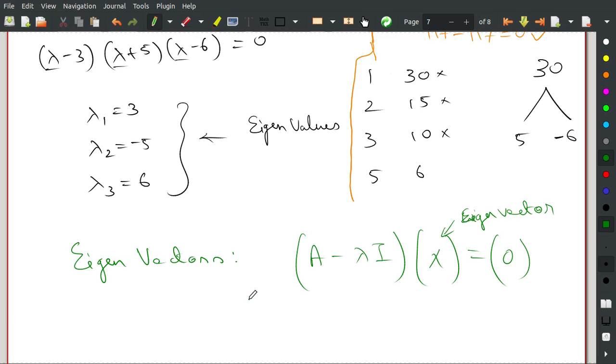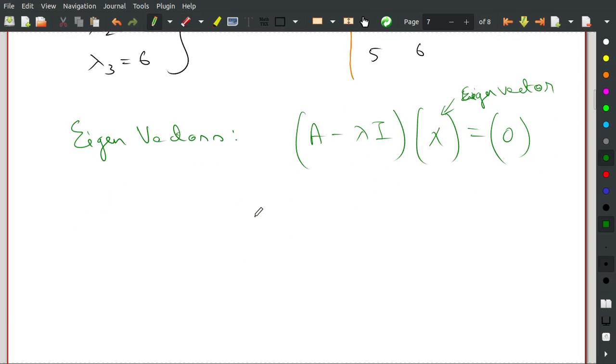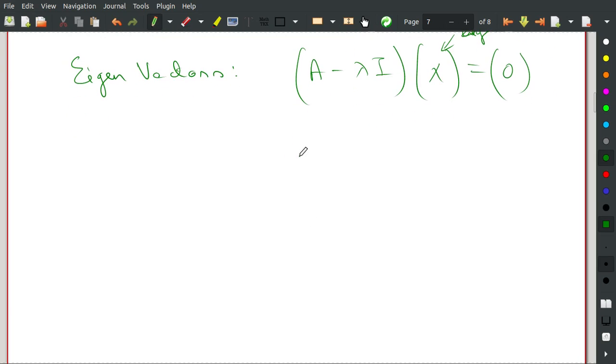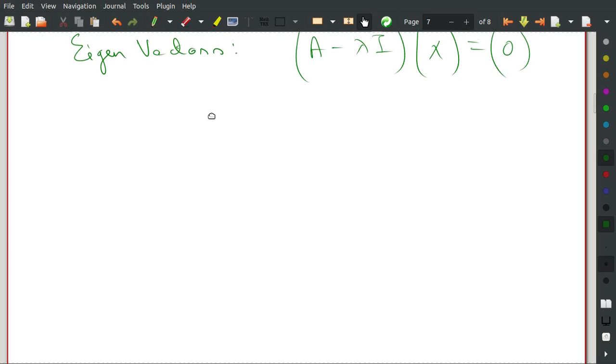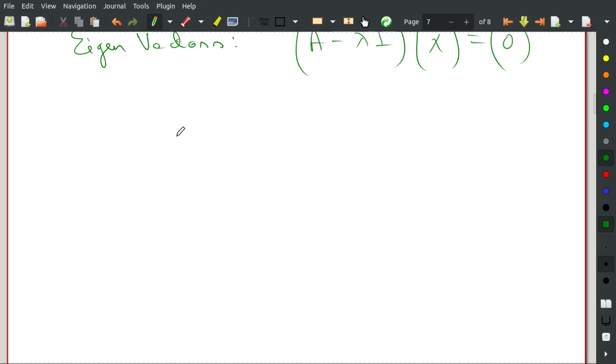So let me work out one of these so you can understand. For A minus lambda I, let me choose lambda equal to lambda 1, which is lambda equals 3, the first eigenvalue.